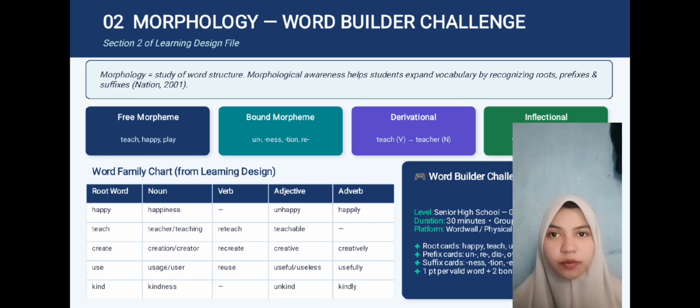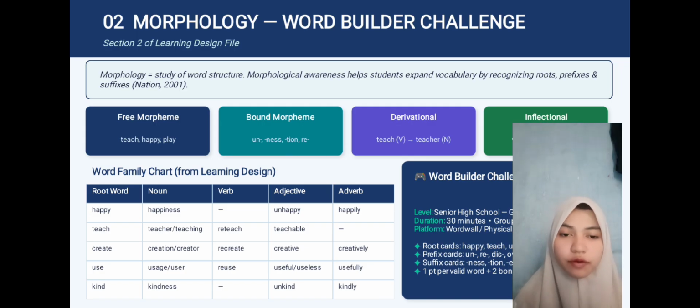Next is morphology. Morphology is the study of word structure, how a word is structured. Morphology helps students expand vocabulary systematically by recognizing roots, prefixes, and suffixes. In morphology, there are key concepts.